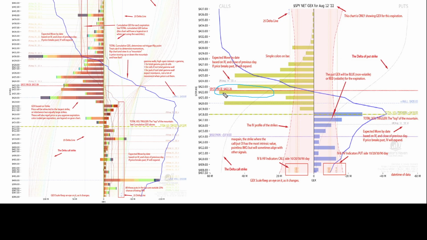If in the SPX there is a big, for example, this is the zero gamma in SpotGamma. If you see in SPY a big gamma here, but in SPX, this is SPY.